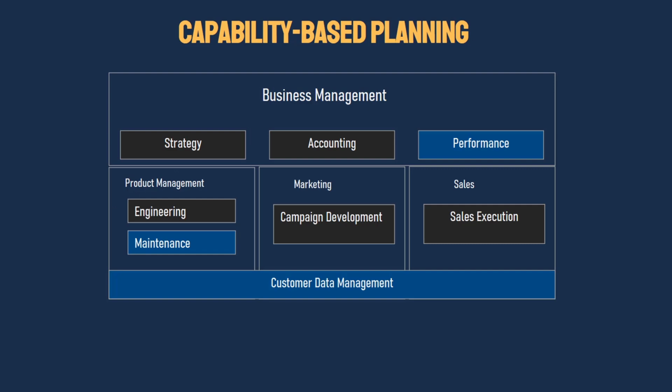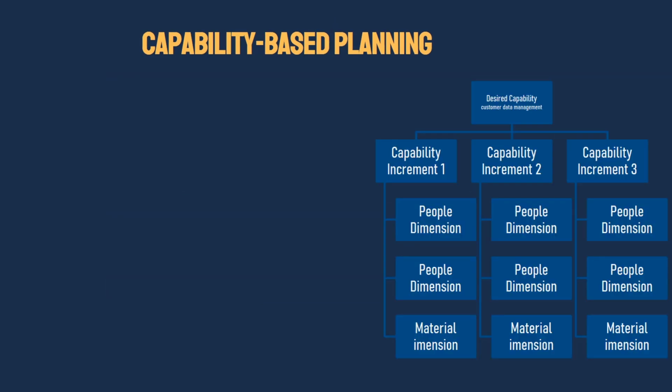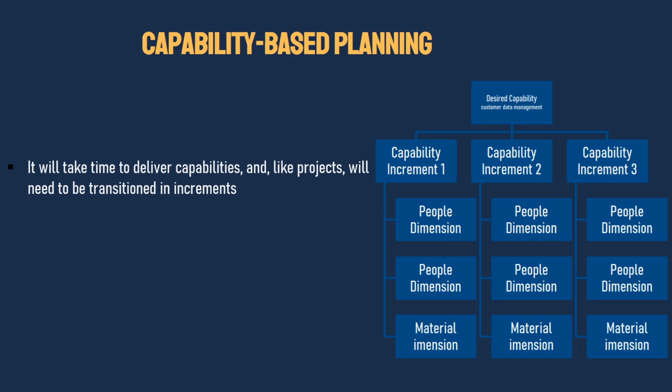In my example, product management, marketing, and sales all have a gap around customer data management. This is a rich opportunity to improve capability in that area. It's going to take time to deliver capabilities, and like projects, you need to transition them in increments.